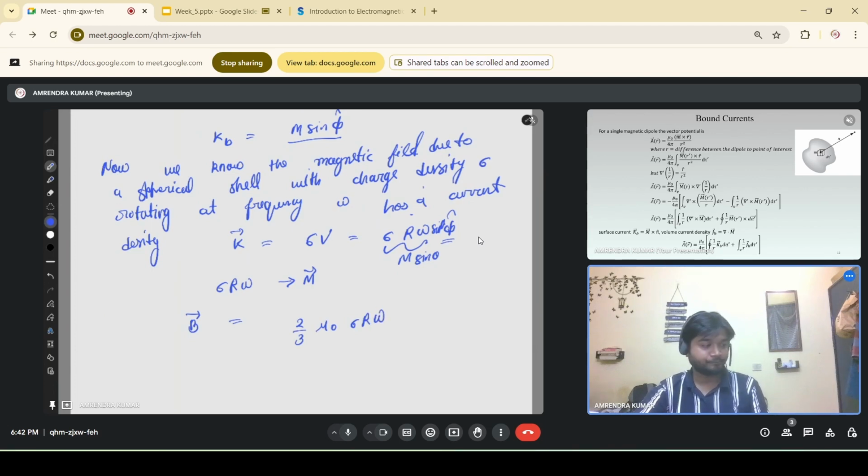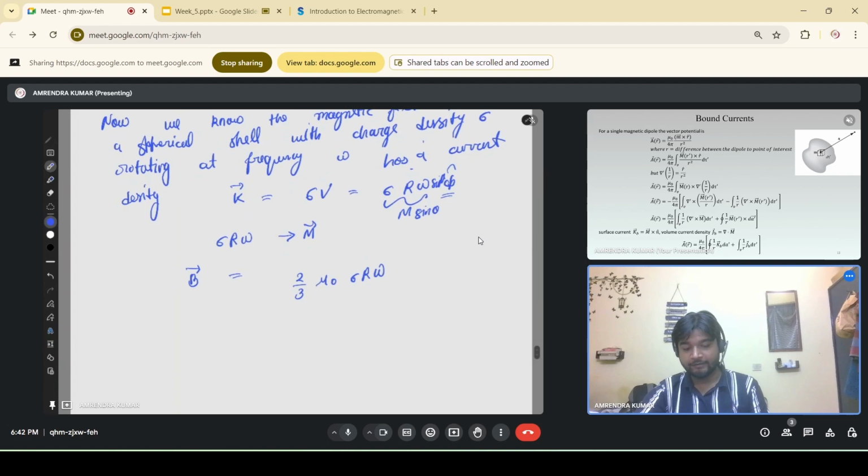Okay, so we can write this as 2 by 3 mu 0 sigma r omega. You can directly write it like this.